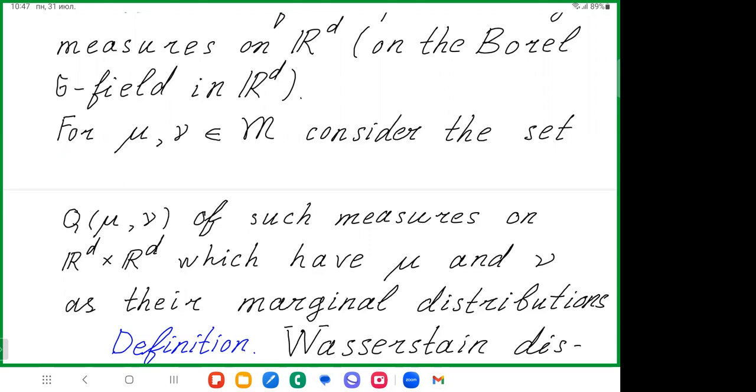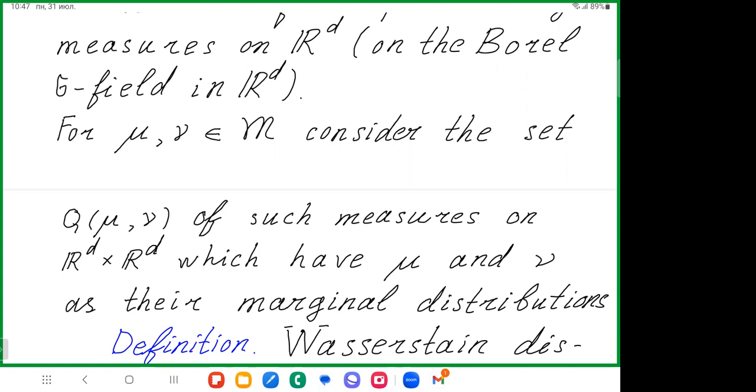This set Q(mu, nu) is always non-empty because for sure it contains at least the product mu times nu, which is defined in the usual way. If you have a rectangle in R^d times R^d, then the measure of this rectangle is equal to mu of one side multiplied by nu of the other side.